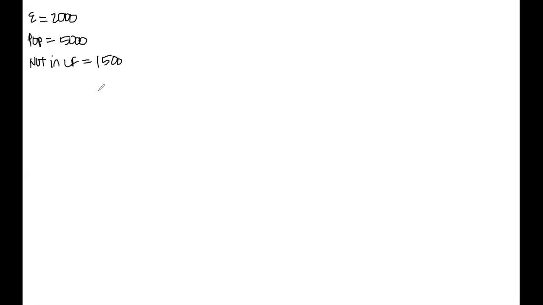So from what we know about unemployment equations already, we know that the labor force consists of employed and unemployed, and then population consists of those in the labor force and then those not in the labor force. So using this information, we can calculate the amount of people in the labor force. We can take our population of 5,000, subtract 1,500 to tell us that there's 3,500 in the labor force.